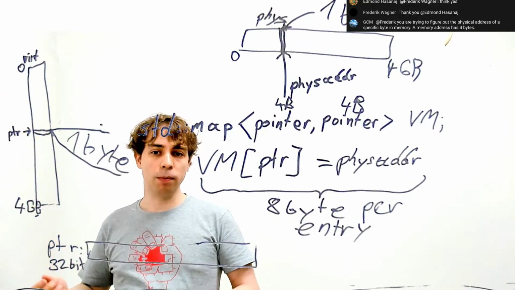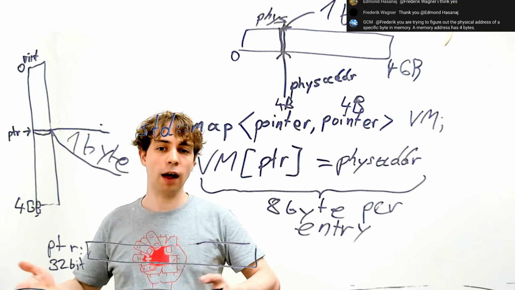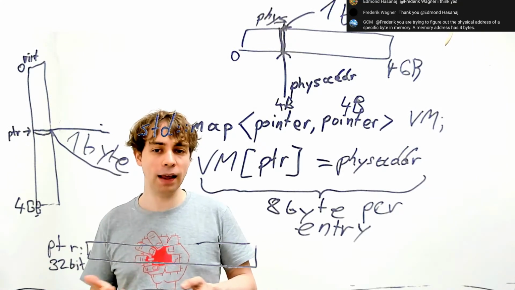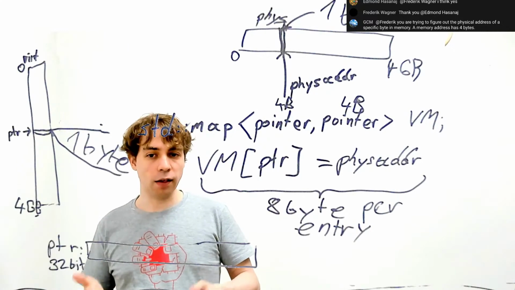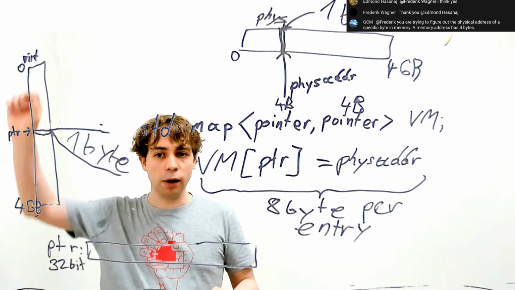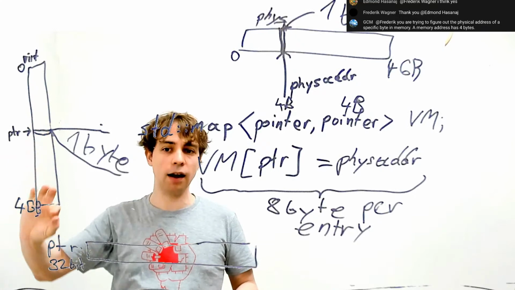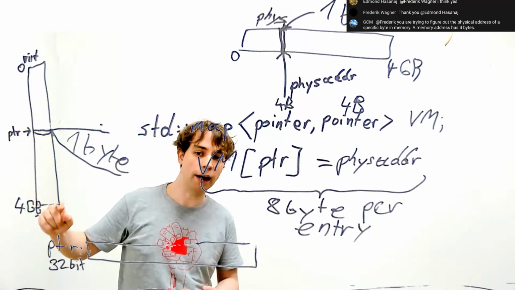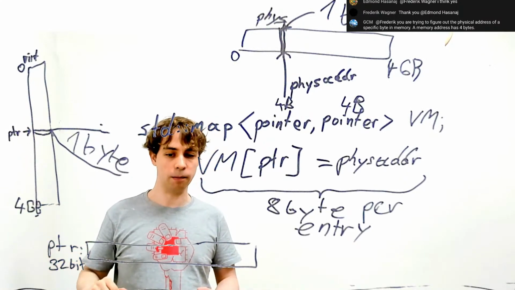If you have an array that has 2 to the 32 elements, how many bits does the index need to be able to access any offset in this array? If it's 2 to the 32 bytes, you need 32 bits.